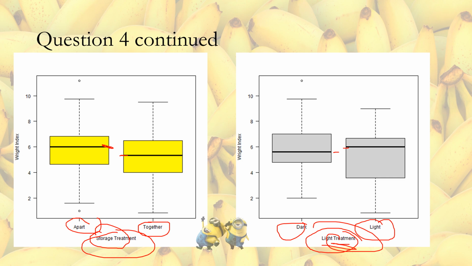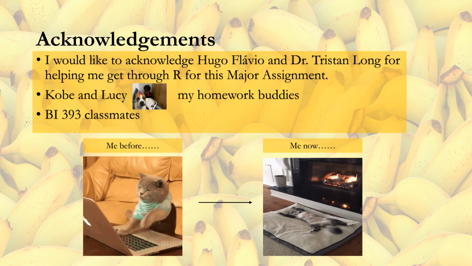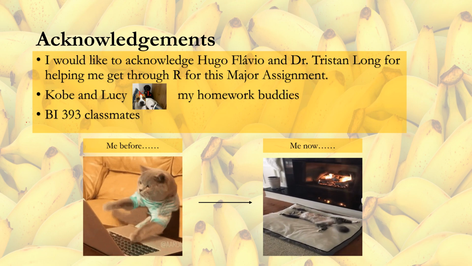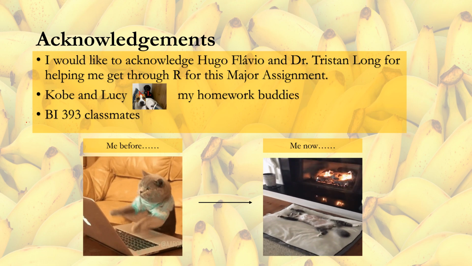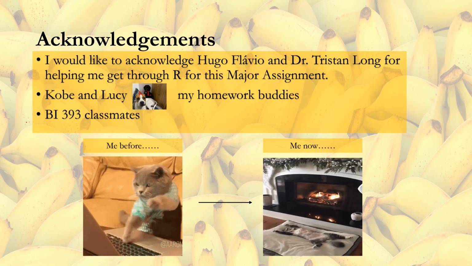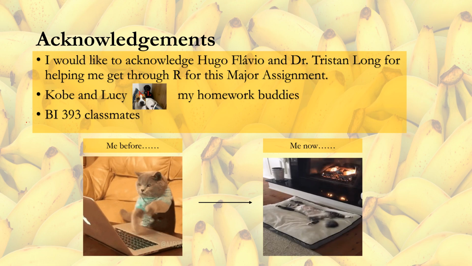So again, we know that the means between the two groups of each treatment are similar because their p-values are greater than 0.05. So in relation to the last slide, since there are similar means between the variables in each treatment, that means that there's no effect of the storage or light treatment on the ripeness index of the banana.